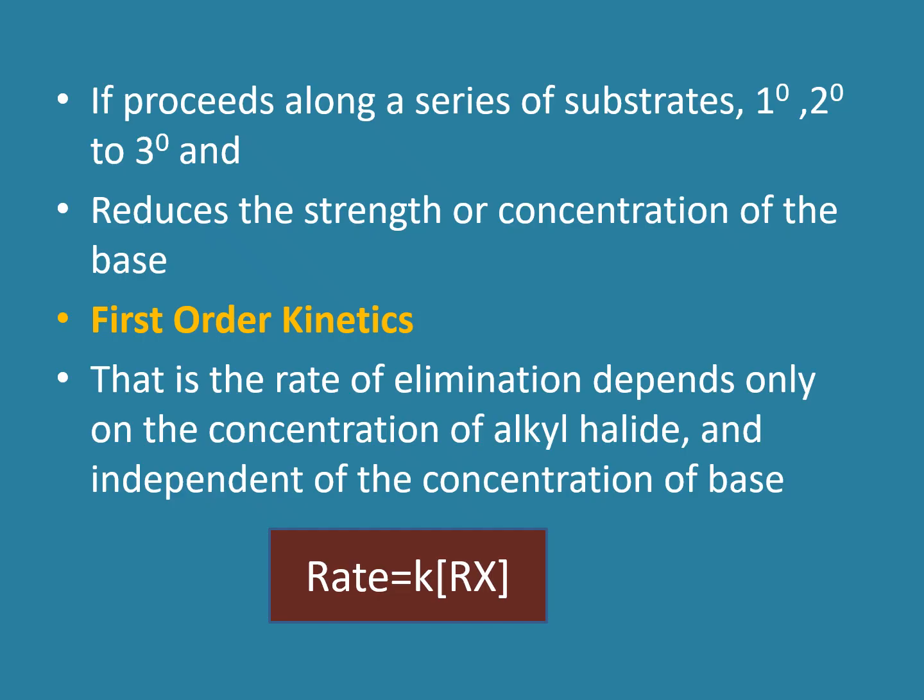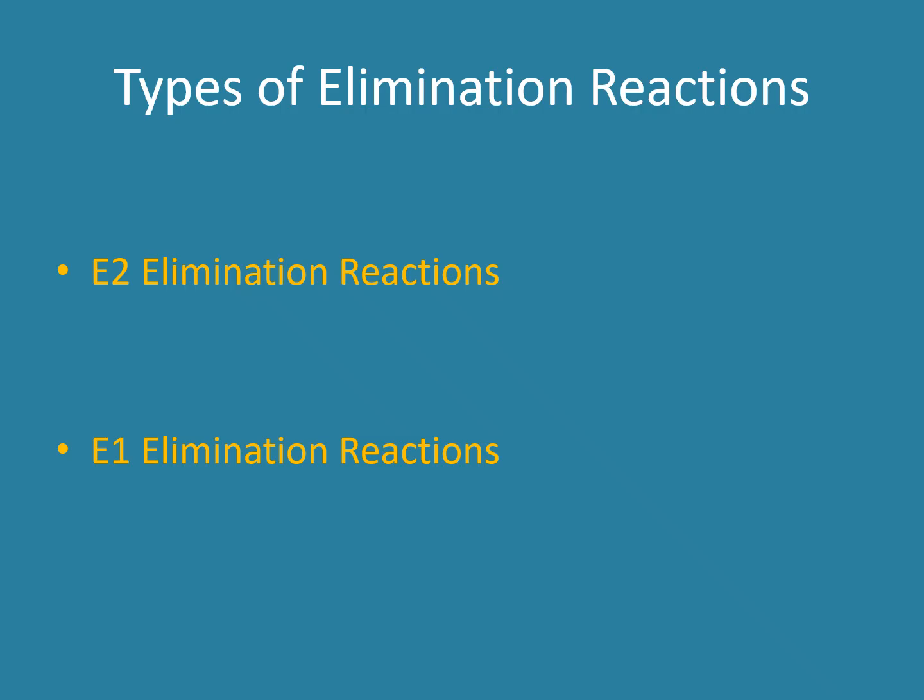And this type of kinetic behavior can be explained by two different mechanisms. So this first order kinetics and the second order kinetics can be explained by two different mechanisms of dehydrohalogenation, and these mechanisms are named E2 elimination reactions and E1 elimination reactions.